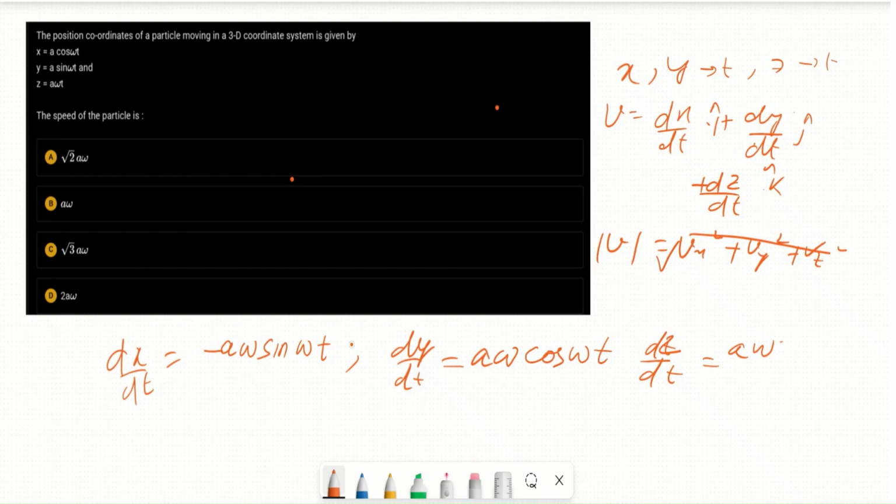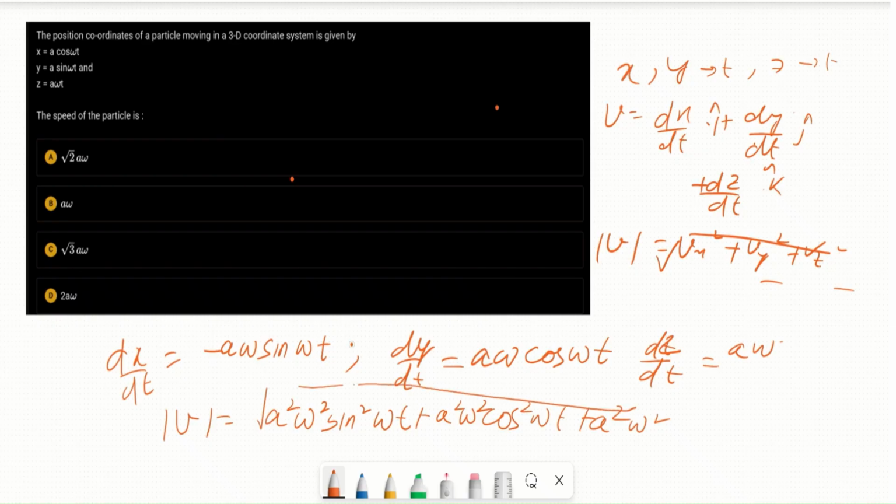So what is the velocity? The velocity v mod is equal to the square root of a square omega square sin square omega t plus a square omega square cos square omega t plus a square omega square, right? So I'm just squaring all the components.